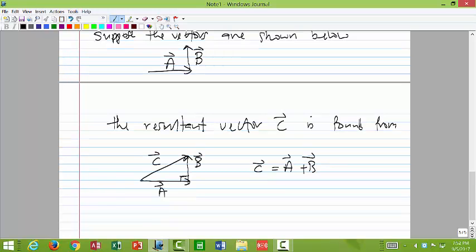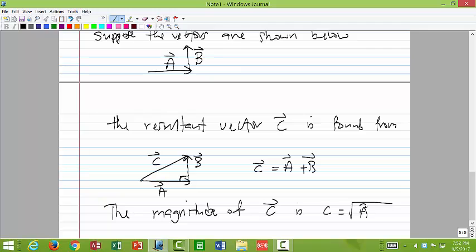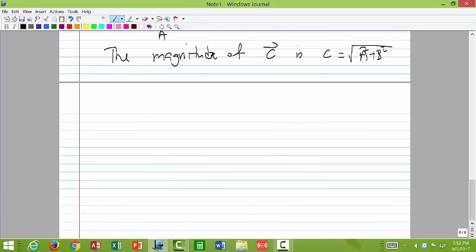The angle between A and B is 90 degrees. Okay. So the magnitude of vector C is given by C equals square root of A squared plus B squared. So that's the magnitude of C. It's just Pythagoras' theorem.